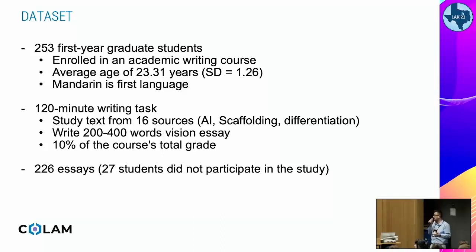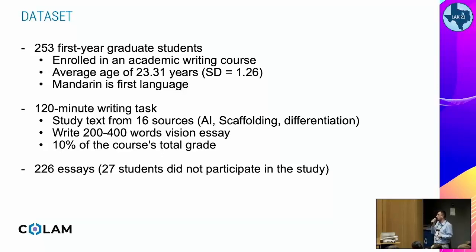This essay was considered a vision essay, meaning that they were required to integrate information across all the 3 topics and describe their vision of education in schools in 2035 based on information from the articles they read.